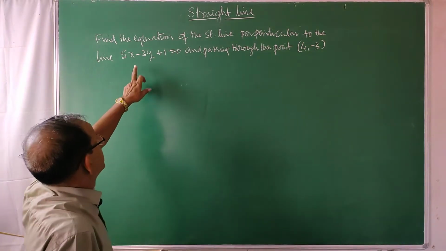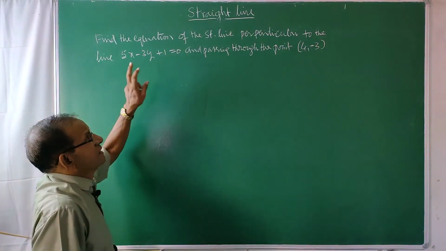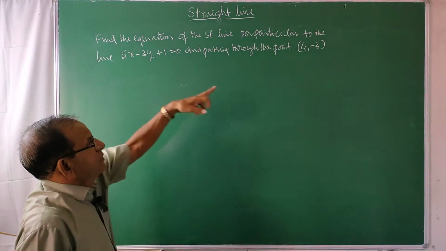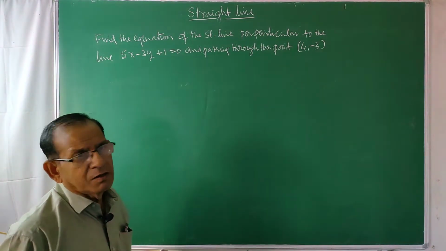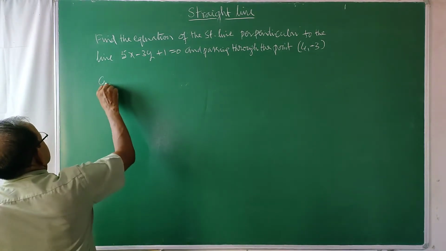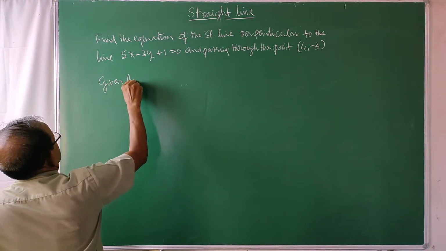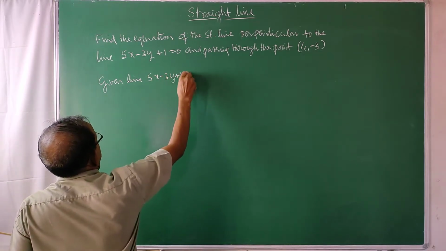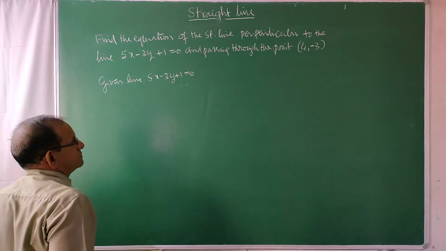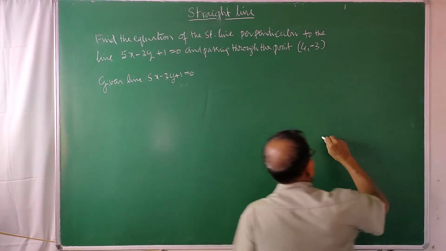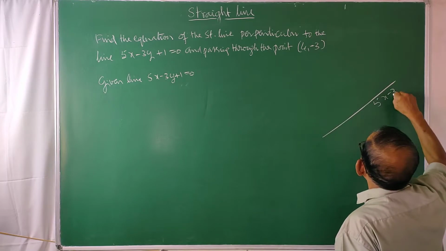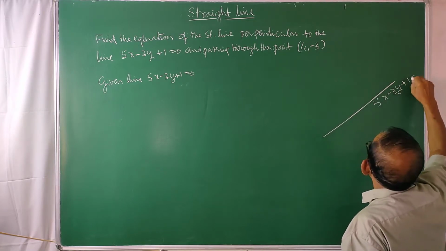Now here, this is the equation of the given line. We have to find out a line perpendicular to this and passing through that point 4 comma minus 3. This is the given line, 5x minus 3y plus 1 is equal to 0.